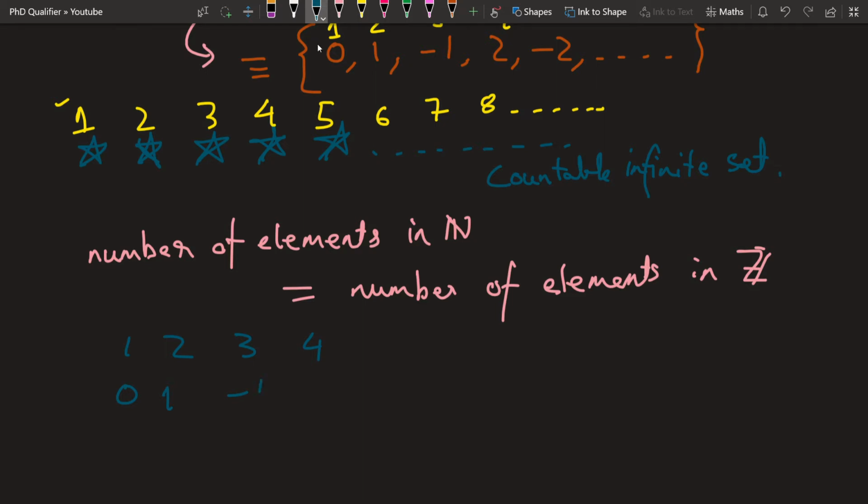You can always correspond each and every element with each other. Both of these are countably infinite sets, and integers and natural numbers have an equal number of elements, which is also known as the cardinality of the set.